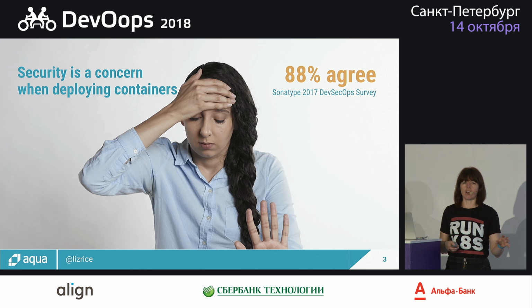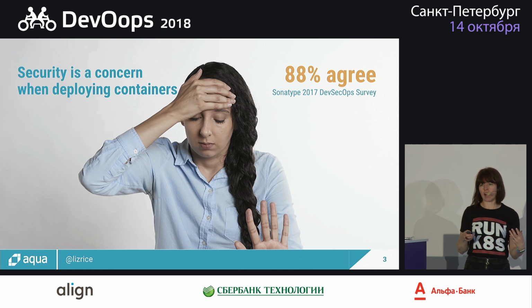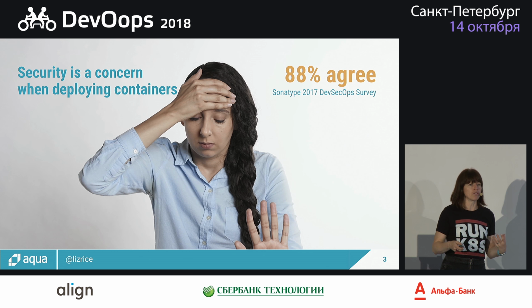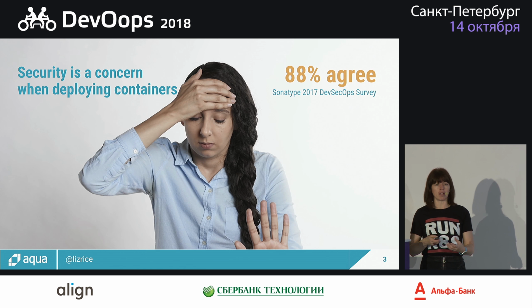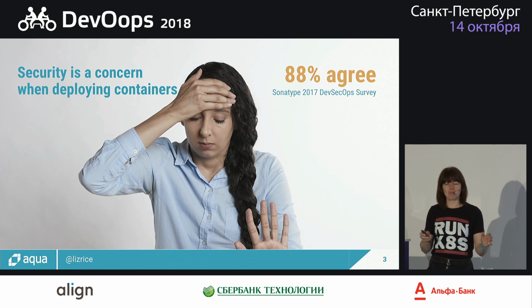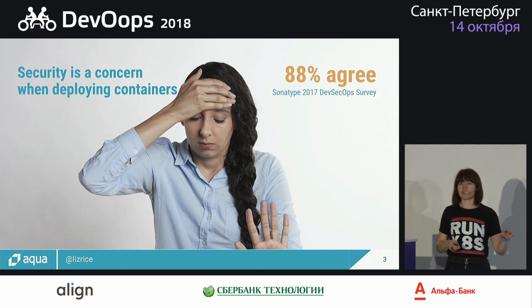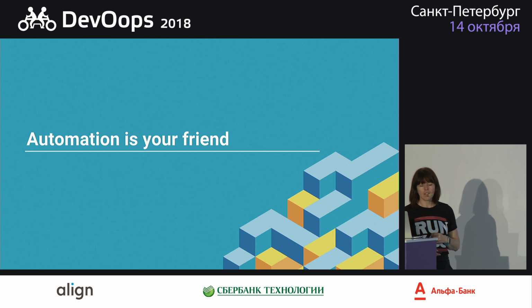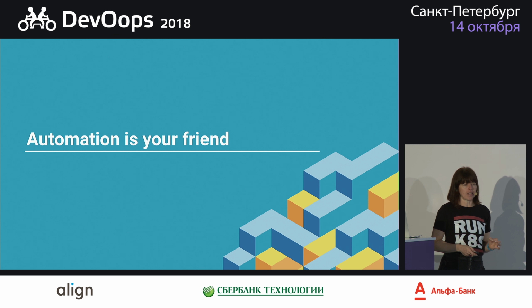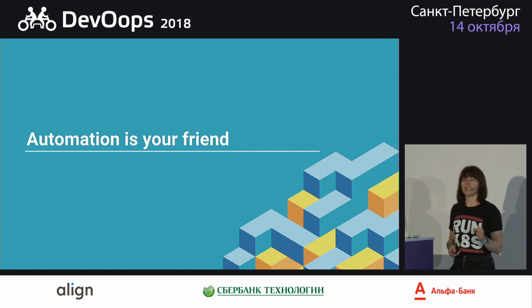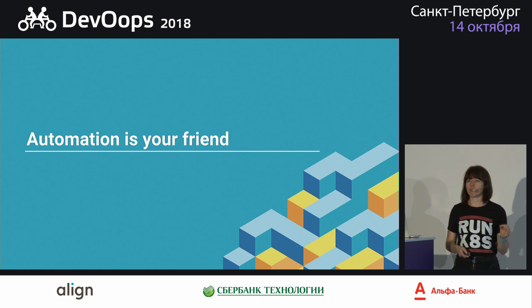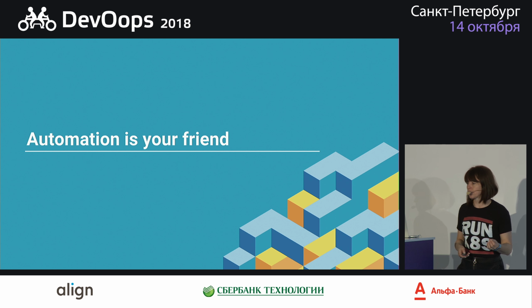And if you're not somebody who traditionally thinks of yourself as a security person, you're more of a developer, an operations person, maybe even DevOps, then hopefully this presentation will show you some things that you can do to bring security into your own practices. The key thing here is that, like everything else in DevOps, automation is your friend when it comes to improving the security of your containers.